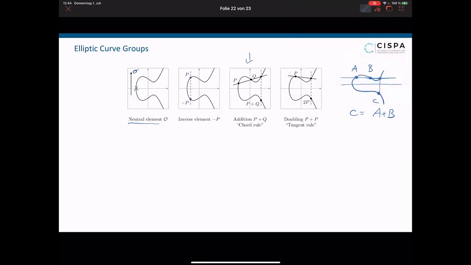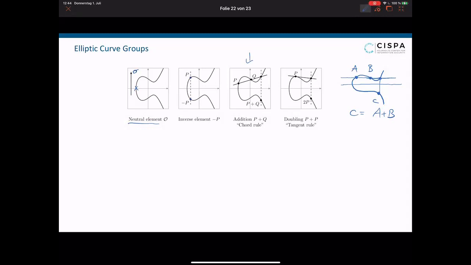It doesn't have a point opposite on the y-axis. So what's the deal with this guy? Anyone? Conjecture? It's the neutral element. The inverse is itself. It's its own inverse, and that's correct.